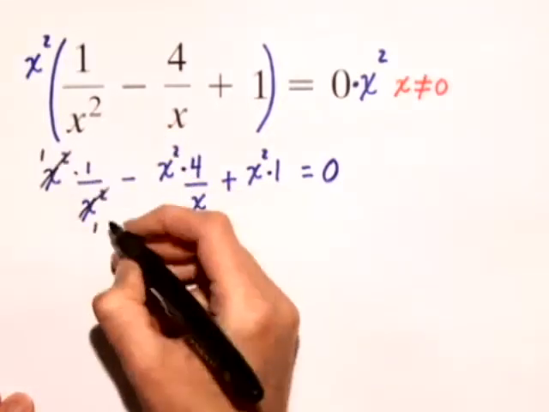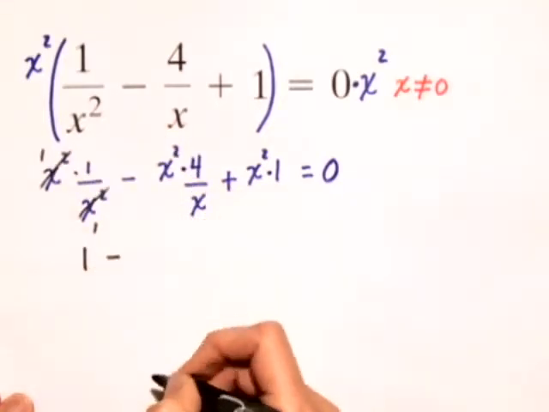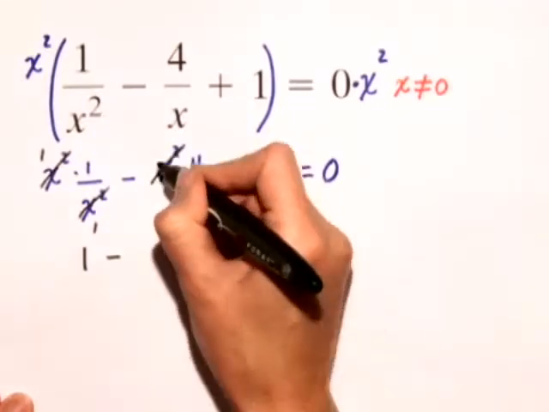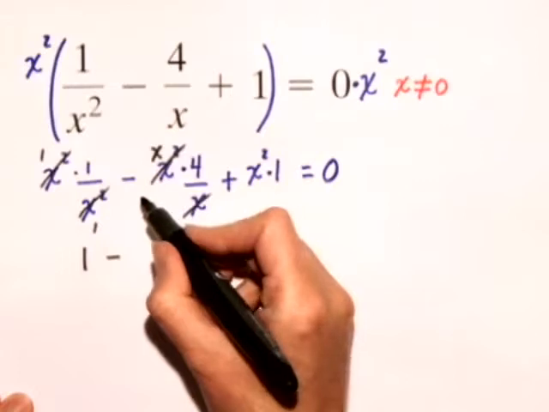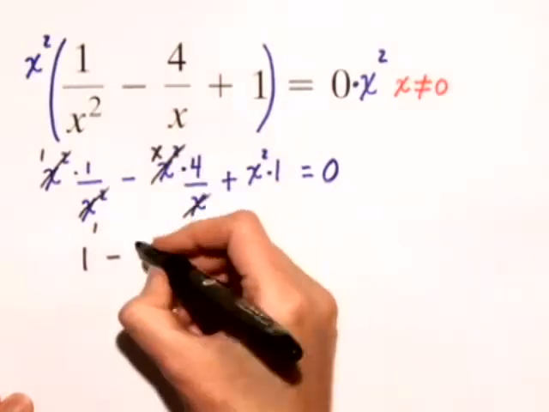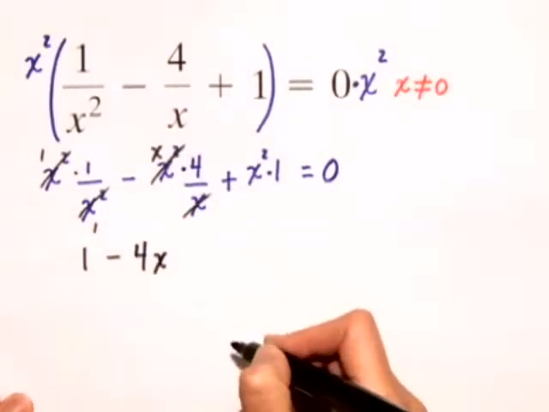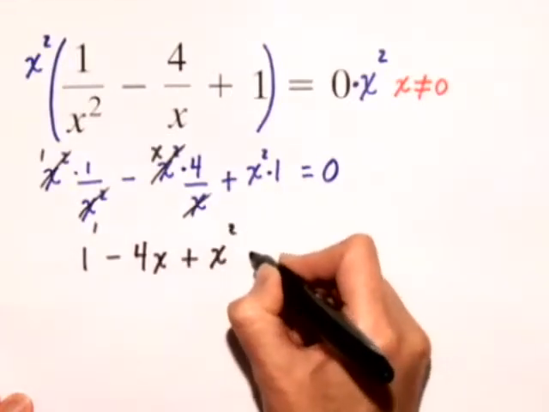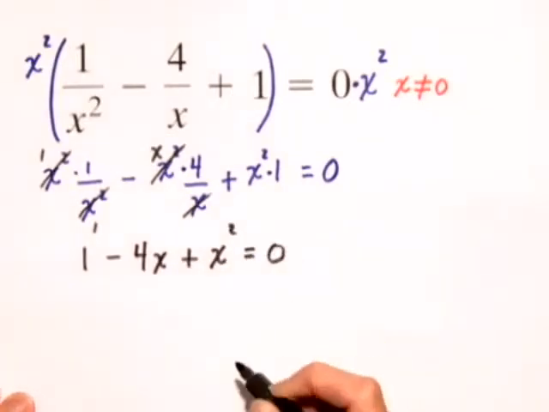So 1 times 1 is just 1. Minus, in this case, x squared divided by x simplifies to x. So I have minus x times 4, and I'll write that as 4x. Plus x squared times 1 is just x squared, and that's equal to 0.